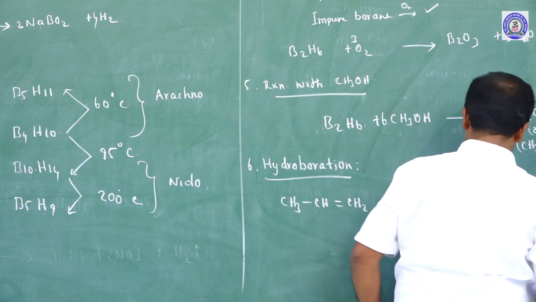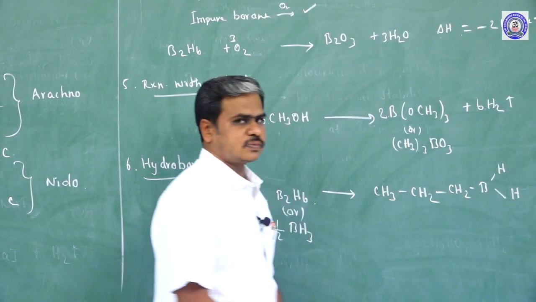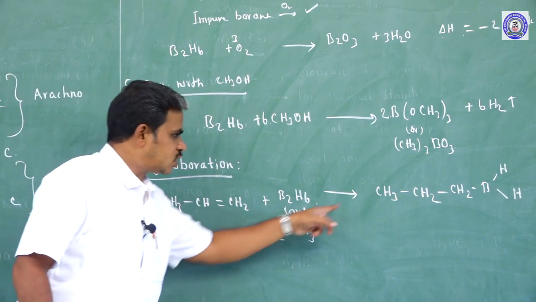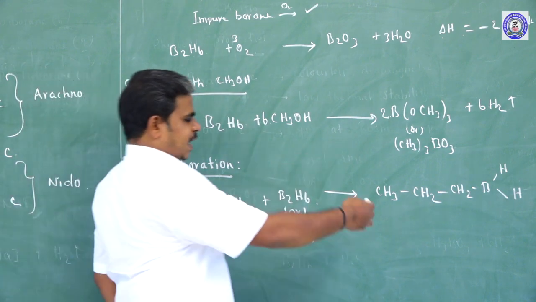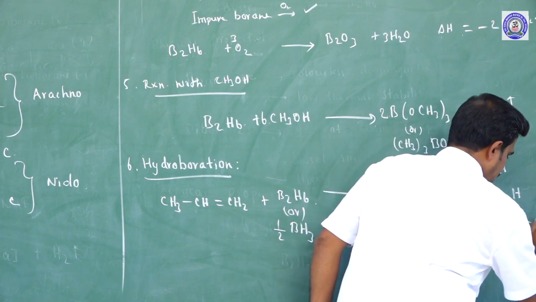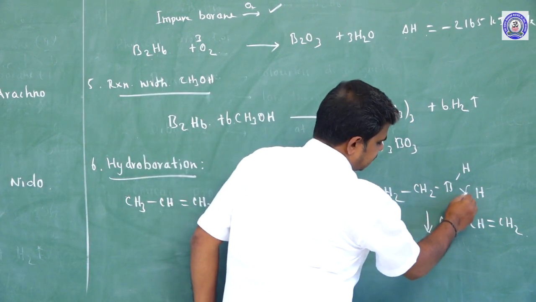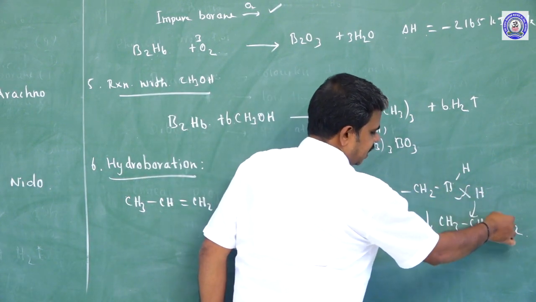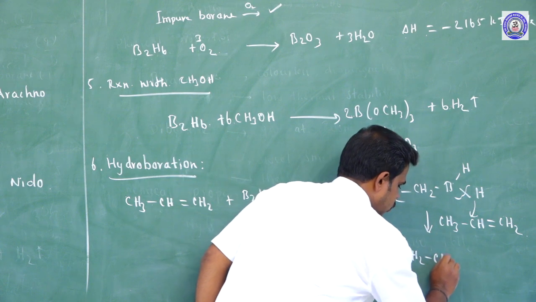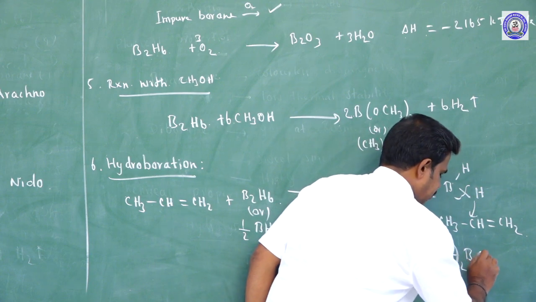Here it is CH2 and BH2 and that H. So in BH3, one of the hydrogens goes here and the remaining BH2 is attached here. In the same way, we take again CH3 CH double bond CH2, an alkene. One of the hydrogens is cleaved and goes here and BH attacks here. So we get CH3 CH2 CH2 twice and BH.